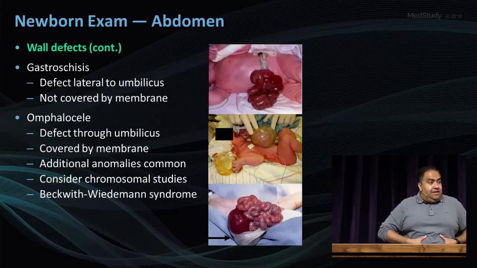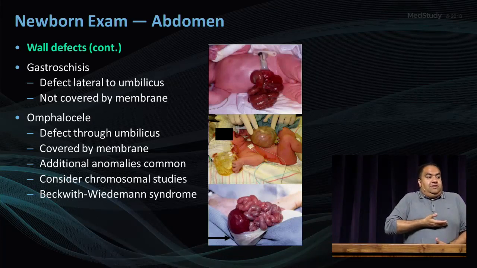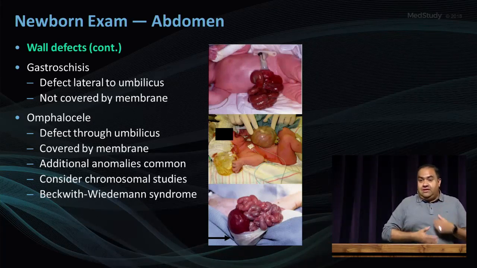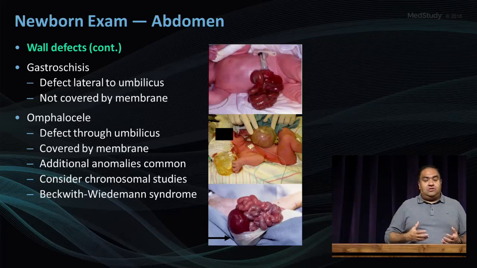If there's enough room in the belly, as that bowel gets pushed back in, it's going to put a lot more pressure on the diaphragm, which makes it a little more difficult to breathe, but if the pressure stays within a tight range, they can get all that bowel back in the belly. It takes about 10 to 14 days before that bowel function starts to return, where they're able to tolerate enteral feeds.